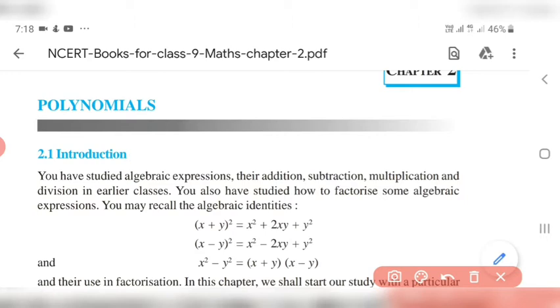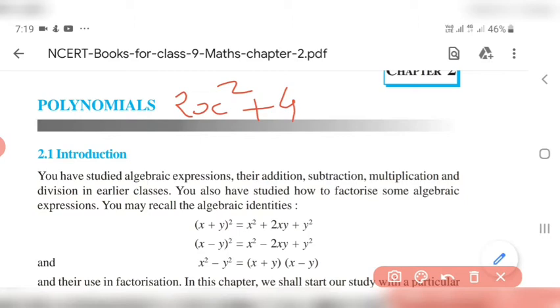We know in an algebraic expression different terms are present. For example, 2x square plus 4. Is it a polynomial? How to know that it is a polynomial? 2x square plus 4.